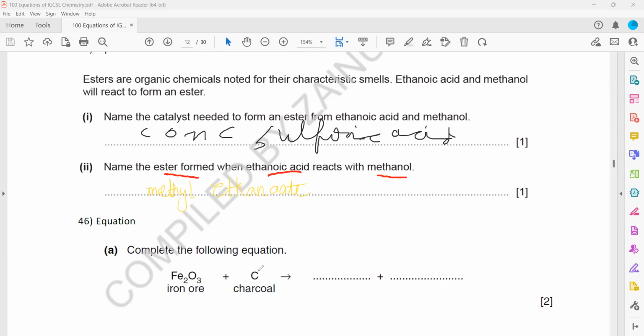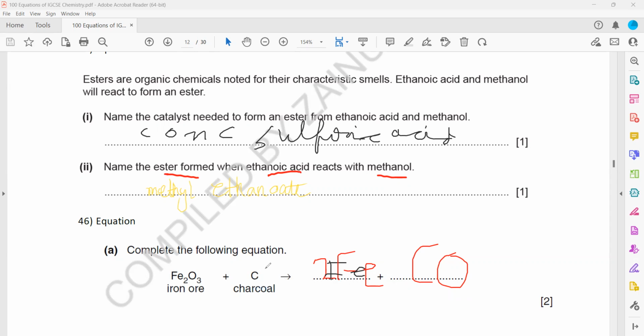Charcoal is used as a reducing agent. So it will remove oxygen and form iron metal, because it's a reducing agent. So it will form iron metal and carbon dioxide or carbon monoxide, depending on how you balance the equation, but the C is there.